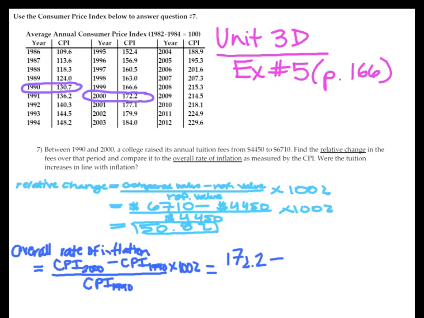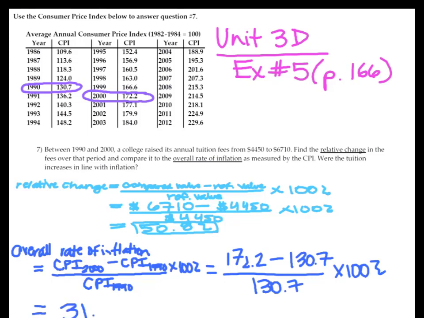And we can subtract that by the consumer price index from 1990 at 130.7. And divide that by the consumer price index of 1990, which is also 130.7. It's the same number. Multiply by 100%. And we get an overall rate of inflation at 31.8%.